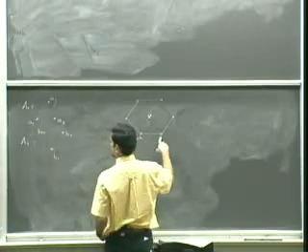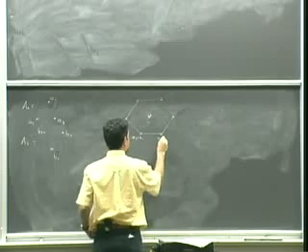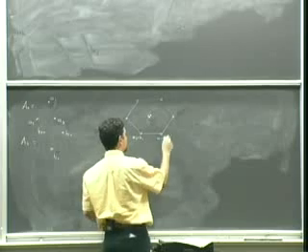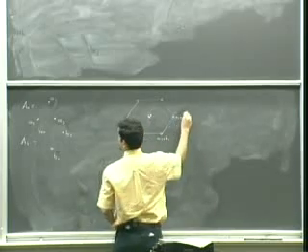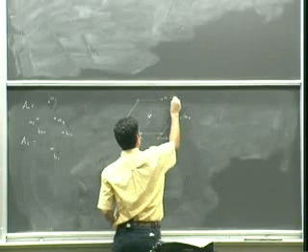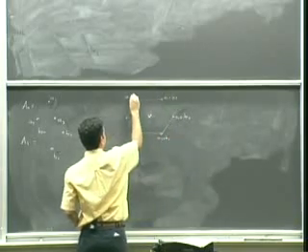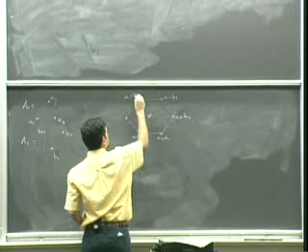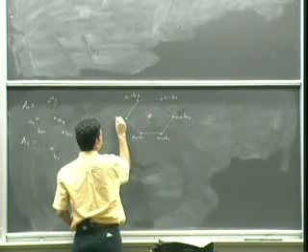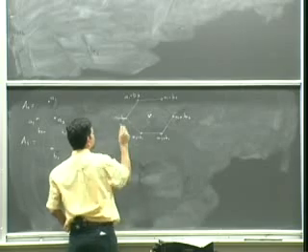This one here is the sum of A3 and B1. And now I can go on, because this is going to be A3 plus B2. This one is going to be A1 plus B2. This one is going to be A1 plus B3. And this one is going to be, I guess, A2 plus B3.